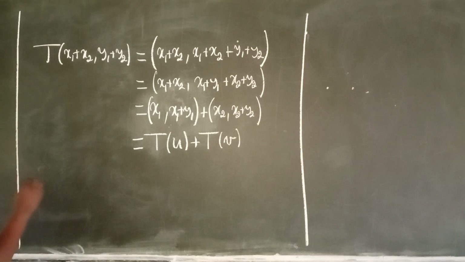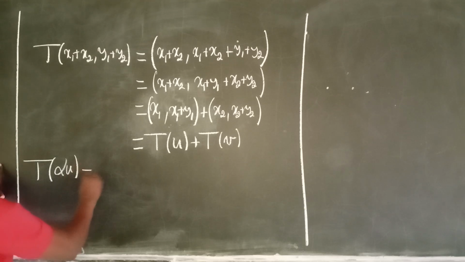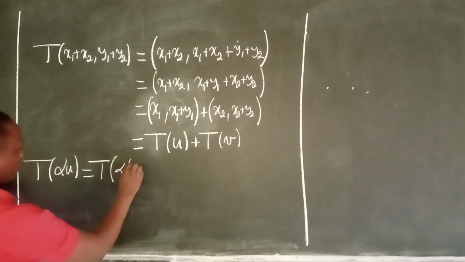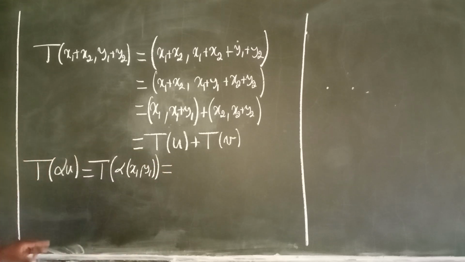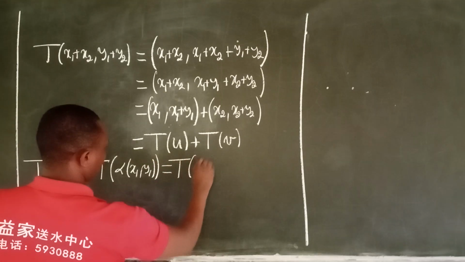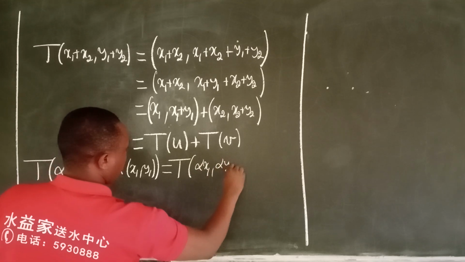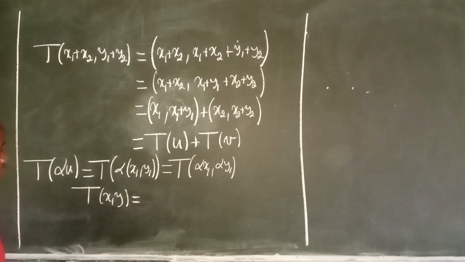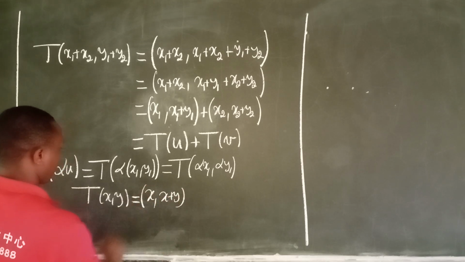Let's verify the property number 2, which says T of alpha u. This is equal to T of alpha times our vector u, which is (x1, y1). This is equal to T(alpha x1, alpha y1). We have a transformation T(x, y), which is (x, x + y).